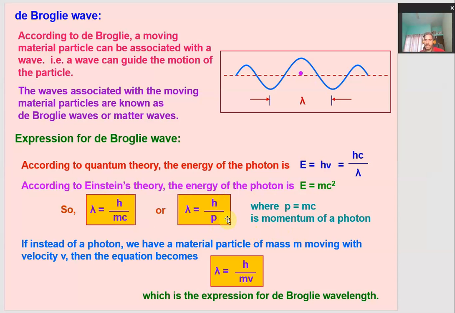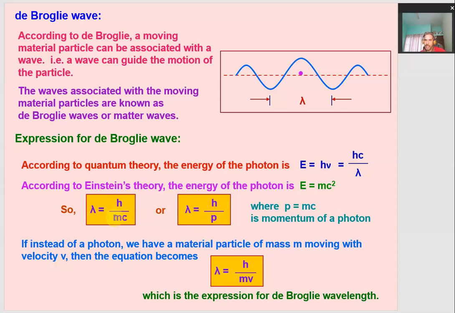It means the wavelength associated with a photon, according to the de Broglie hypothesis, can be written as h/p. But instead of a photon, if we have a material particle of some mass m moving with some velocity v, then the same equation can be written as λ = h/p.